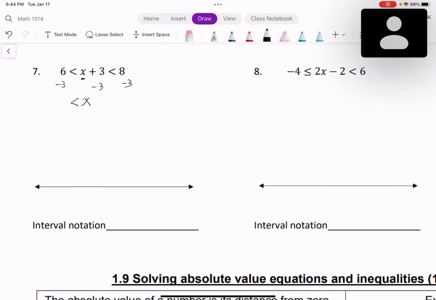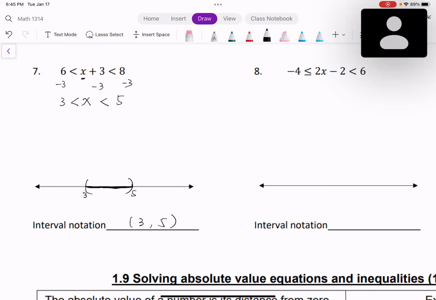X is greater than 3 and less than 5. So x is bounded by 3 and 5. Find 3, find 5. So x is between 3 and 5. Use parentheses because there is no equal sign. The interval notation is between 3 and 5.